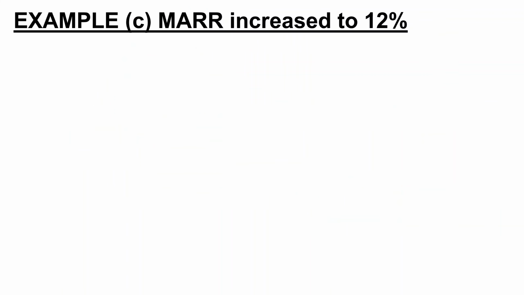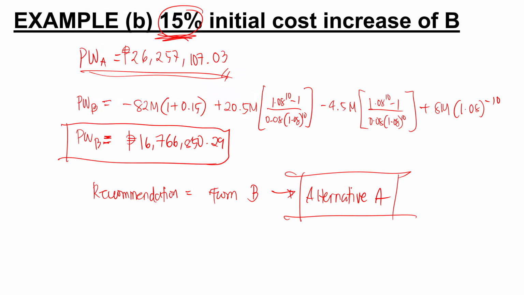Next, we have our MAR increasing to 12%. Since the MAR is increased to 12%, there will be changes in many things. So for this scenario, we use the original variables. By the way, please note that in scenario 1, we increased the initial cost, we added 15%.